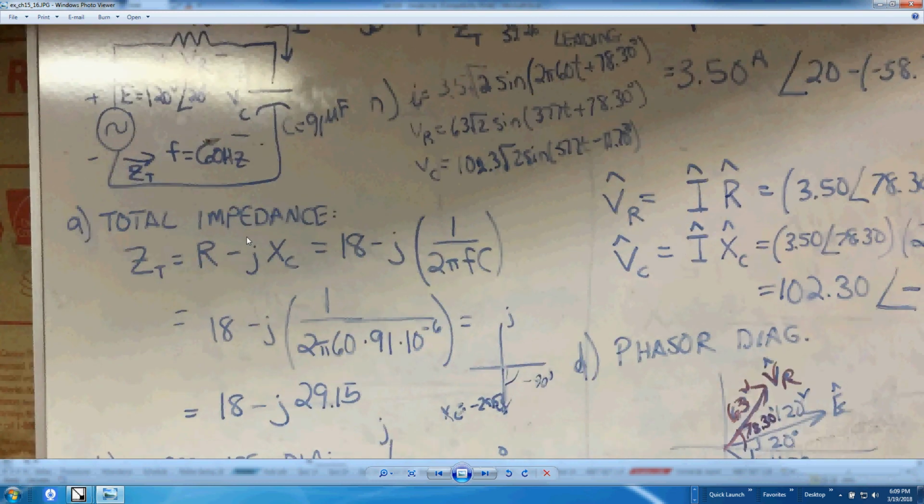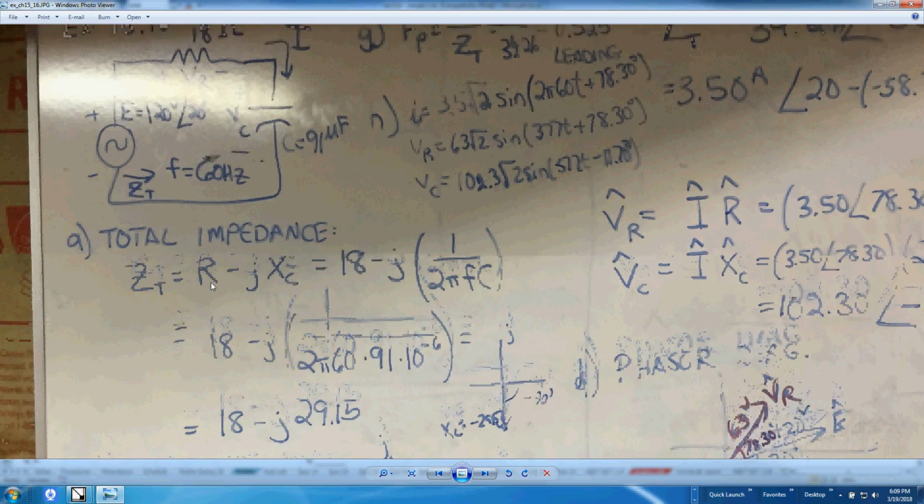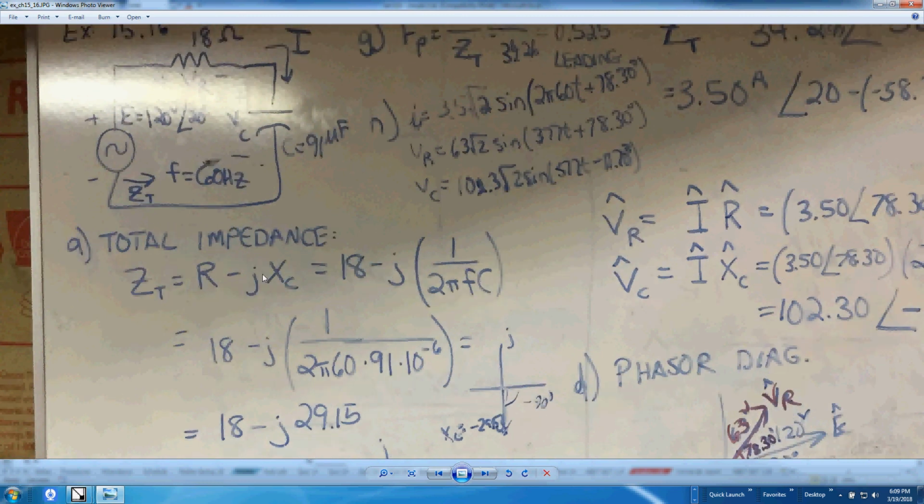First step is, what is the total impedance? Z sub T is going to be R minus j X sub C equals 18 minus j, and the formula for X sub C is 1 over 2 pi F C, because we're given F and C here.